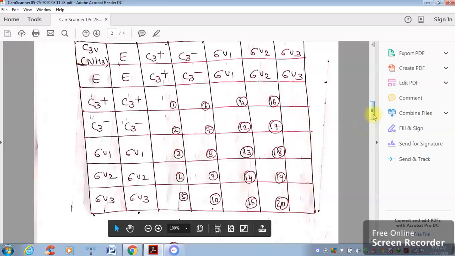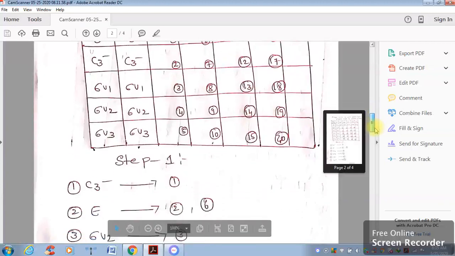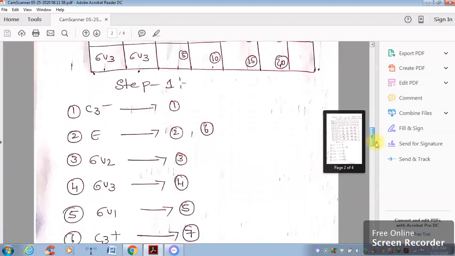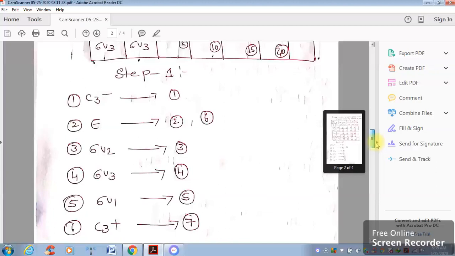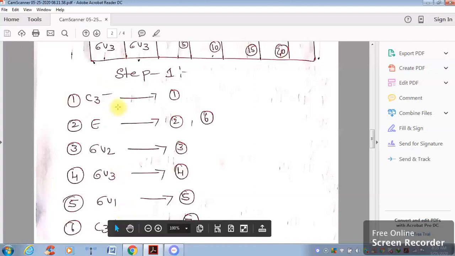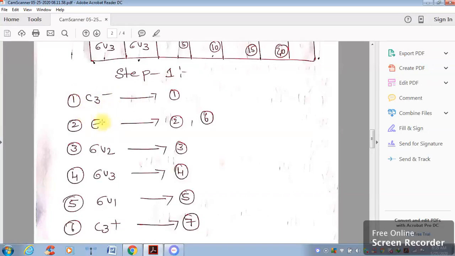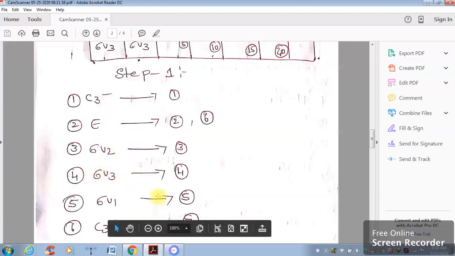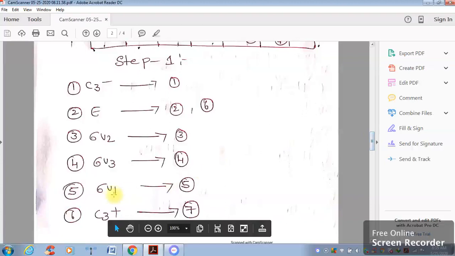This trick includes 3 steps. Step 1: you write the different symmetry elements present in ammonia in this order only. Don't change the order. First C3 minus, second E, third sigma V2, fourth sigma V3, fifth sigma V1, and the sixth one is C3 plus.